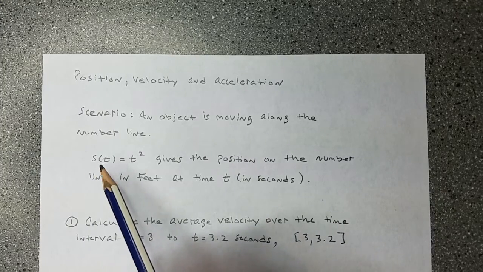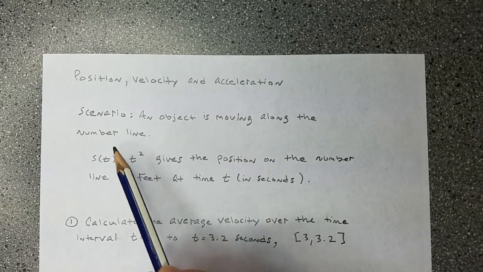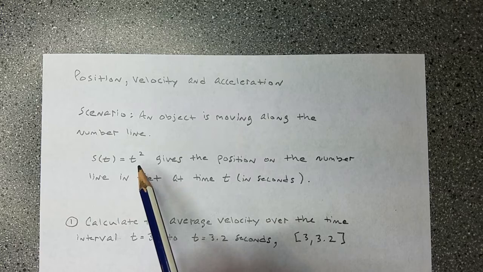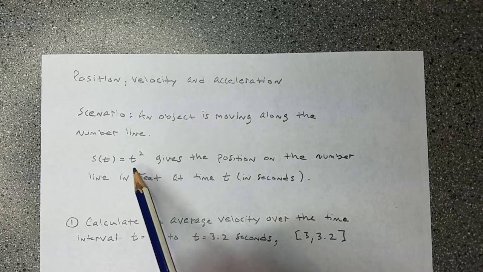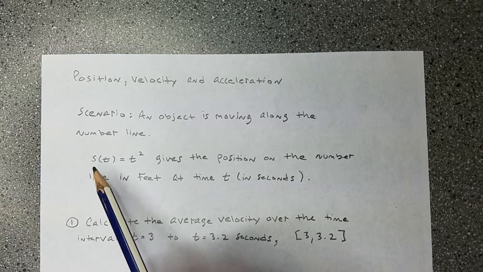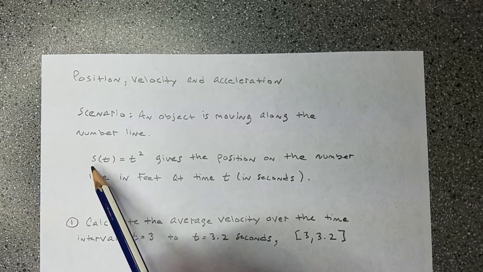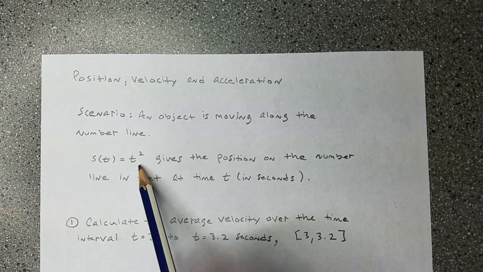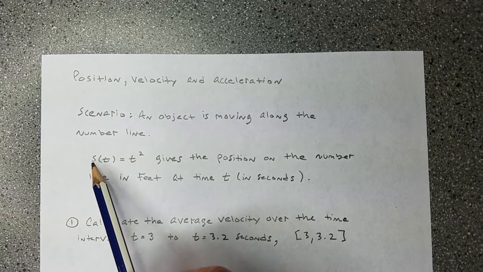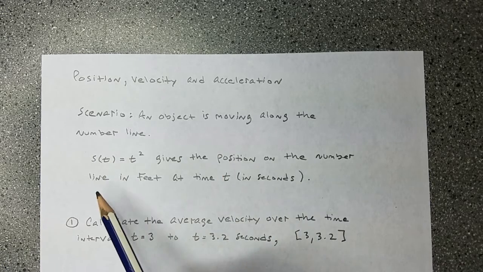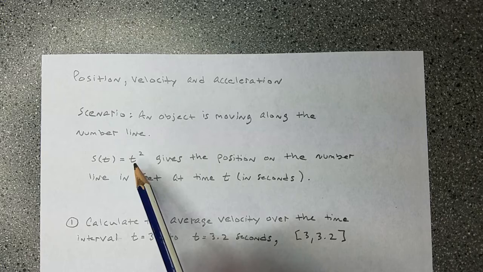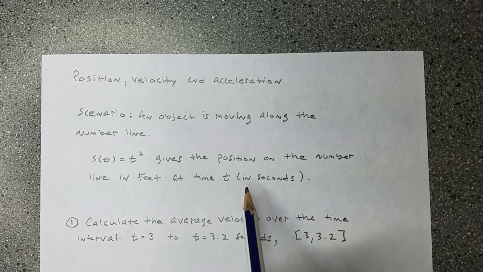And suppose I even give you a formula, a function, that tracks the location of the object as it moves around. So just suppose, just for the sake of example, right now, I tell you s of t is t squared. Now, when we use notation like this, s typically means the position of an object, and t is the time that it's at that position.